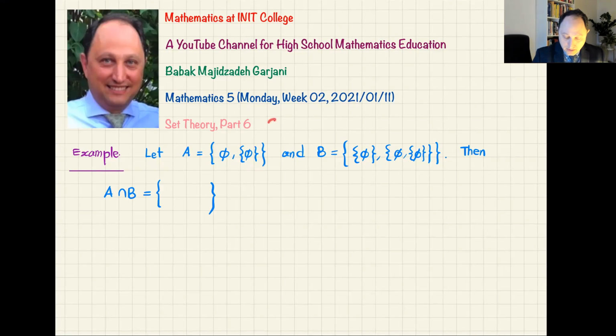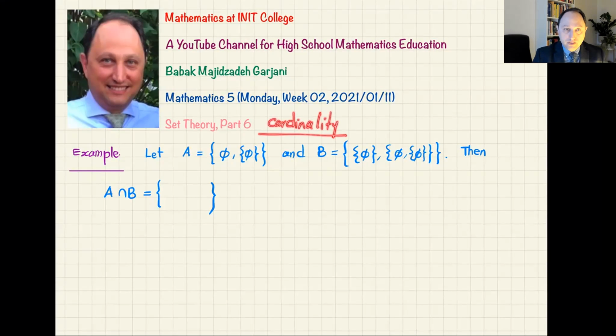The cardinality, do you remember? The cardinality of this set is the number of elements inside the set. So the cardinality of set A is 2. There are 2 elements. One of them is the empty set, and the other one is the singleton, which has the empty set as a member. So I have only two members here.